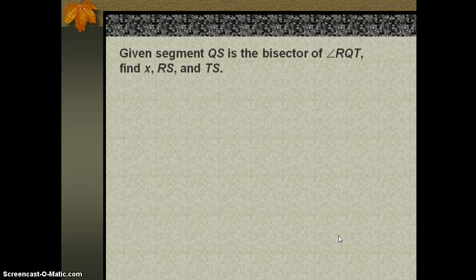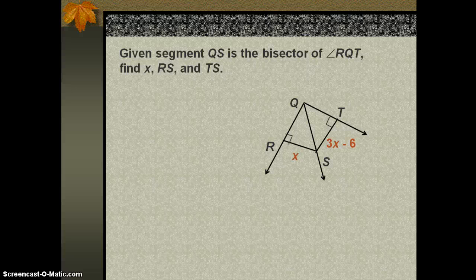So let's start putting this to use. Given segment QS is the bisector of angle RQT, find X, RS, and TS. So QS is the bisector of this angle. To find X, I know that it has to be equidistant from both of the sides, so I need to set those two equal.